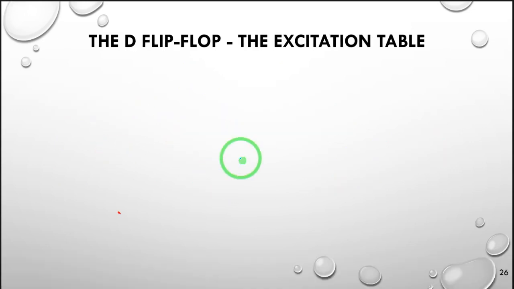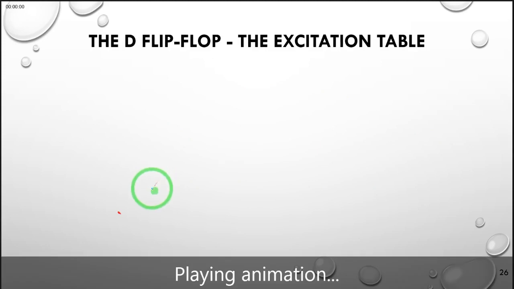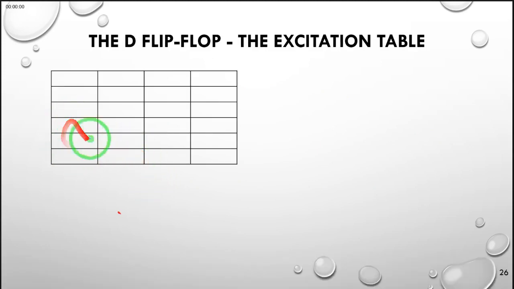We now look at the excitation table of the D flip-flop, and we do it the same way we do it for the others, without spending too much time. We ask ourselves, if we have the present state and the next state, what is the required input D? So this is our Qn, this is our Qn+1, and they can make the transitions like we have met before.